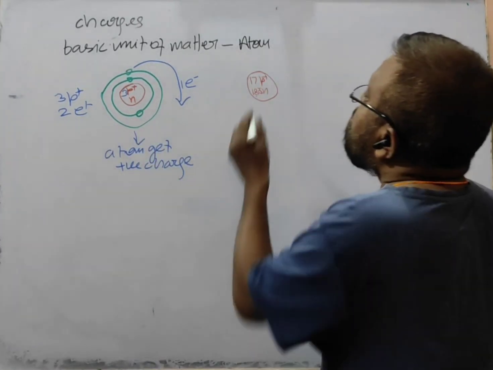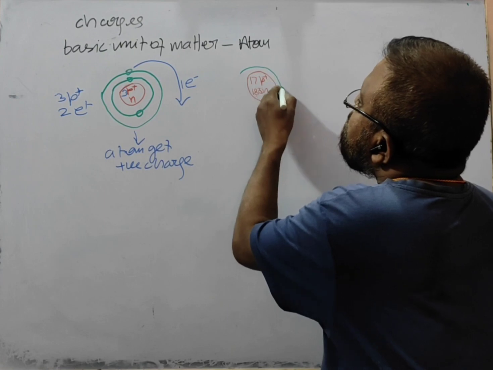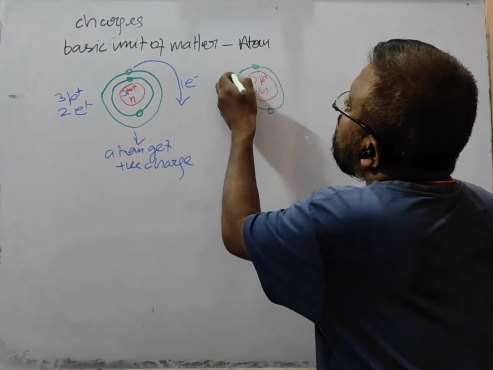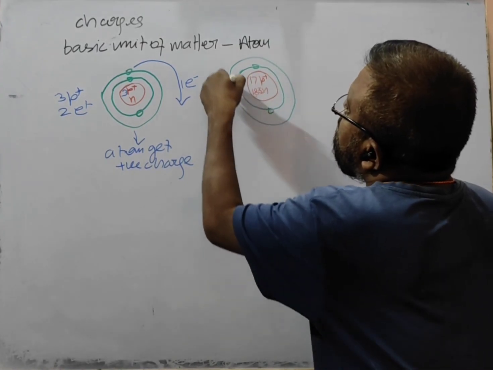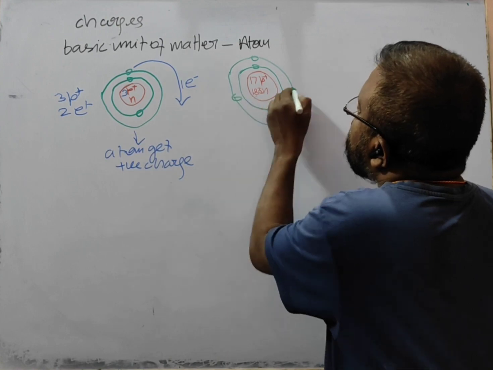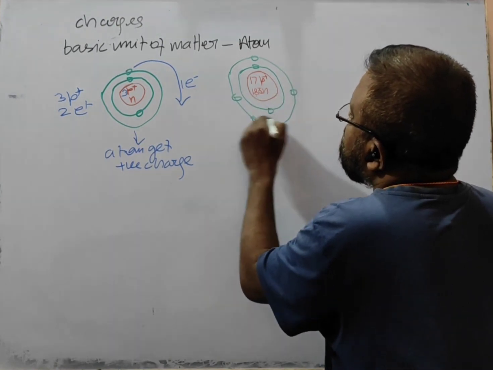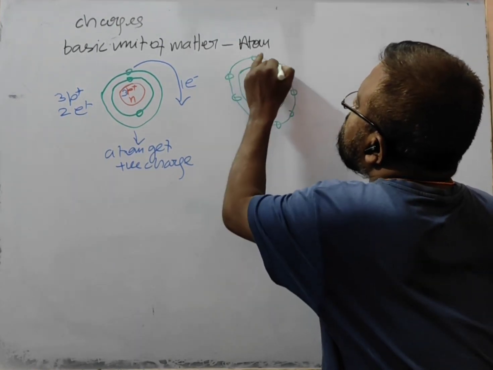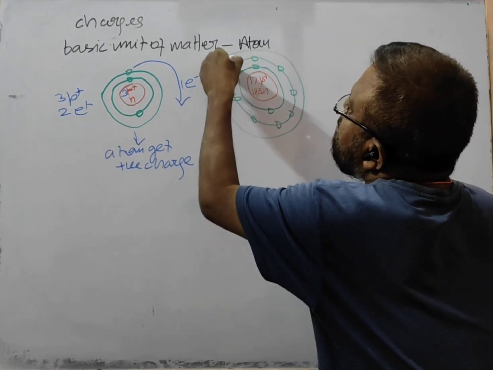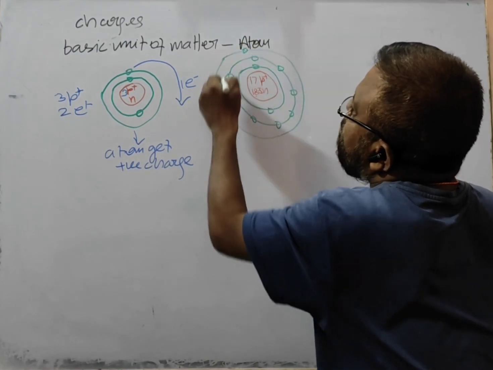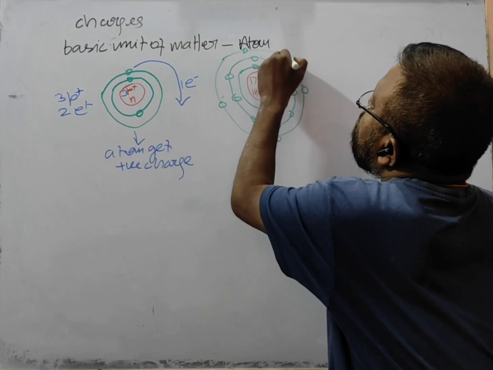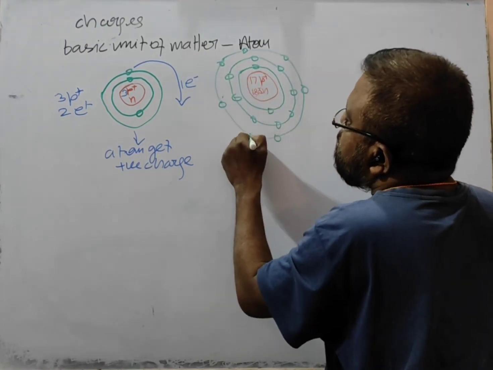In different energy shells, there are 2, then 8, and in the next orbit we have 7 electrons: 1, 2, 3, 4, 5, 6, 7.